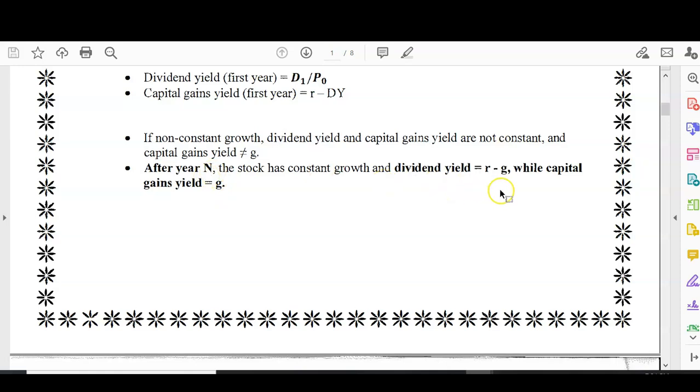So we can still use the two conclusions from last class: the dividend yield equals R minus G and the capital gains yield equals G in the constant growth setting.